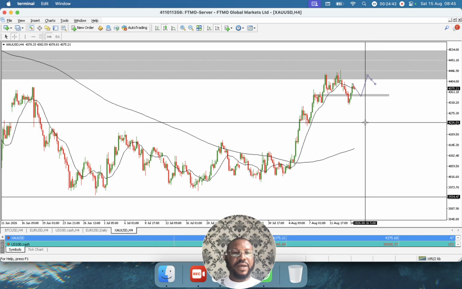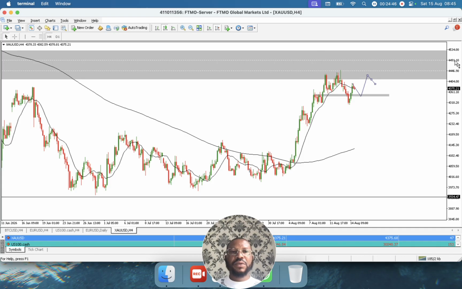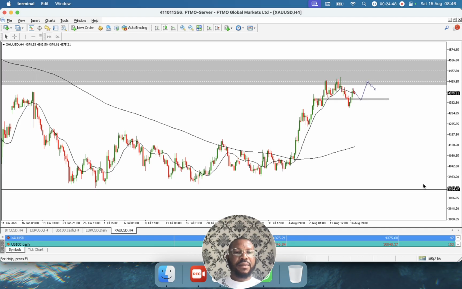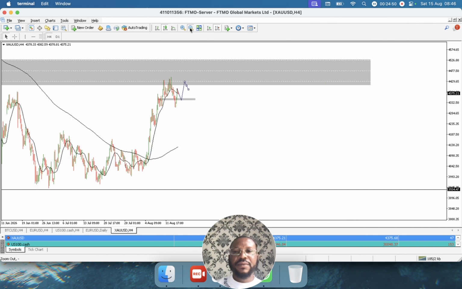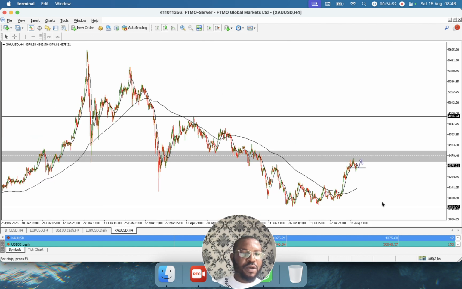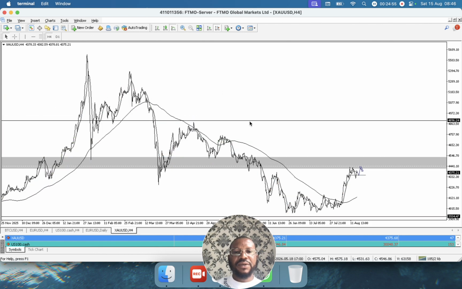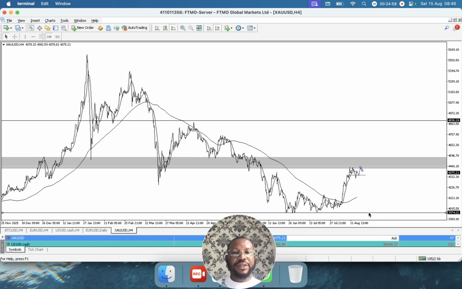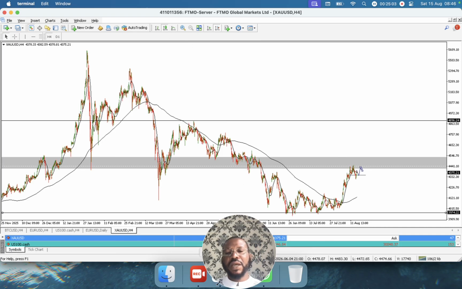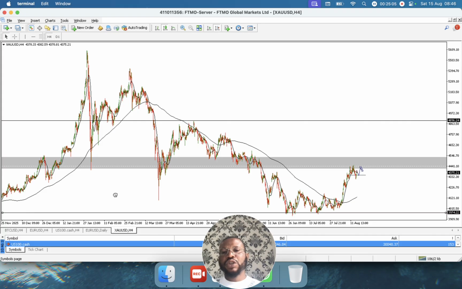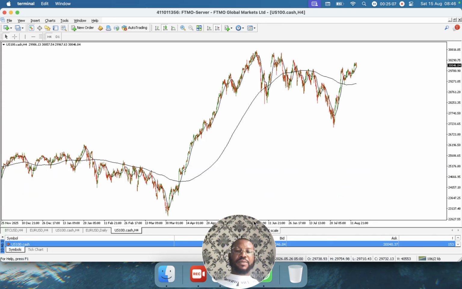TP1 will come down here at 42.38. Then your TP2 will come back down here. Just use this support area here as your TP2, 39.74.